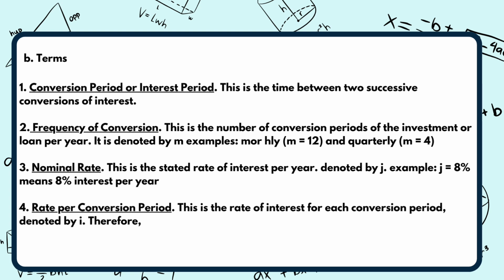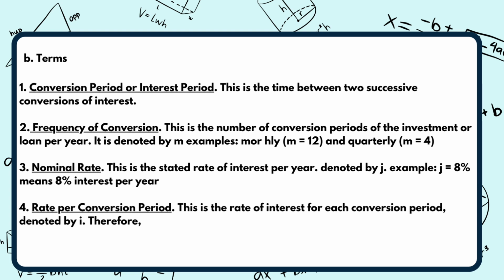Ito yung bilang ng mga conversion period ng investment o loan sa isang taon. Tinutukoy ito ng M. Halimbawa, monthly, M is equal to 12, ibig sabihin 12 conversion periods sa isang taon. At quarterly, M is equal to 4, ibig sabihin 4 conversion periods sa isang taon.